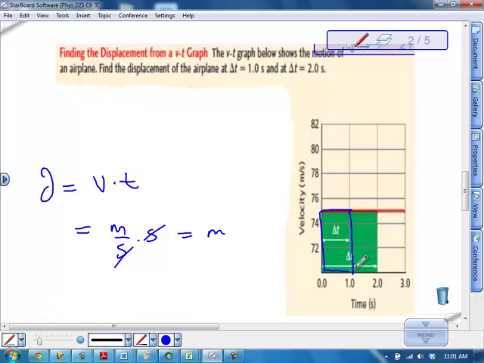In this case, my change in time is 1 second times 75 meters per second, and you'll get 75 meters. That's the area right here, and that represents the distance traveled by this airplane in the first second. After 2 seconds, obviously, we're going to double that, and we're going to end up with 150.